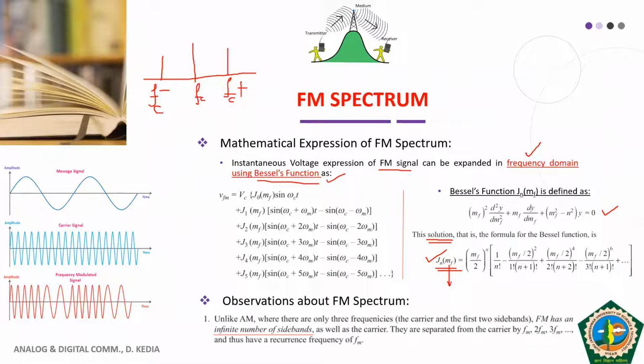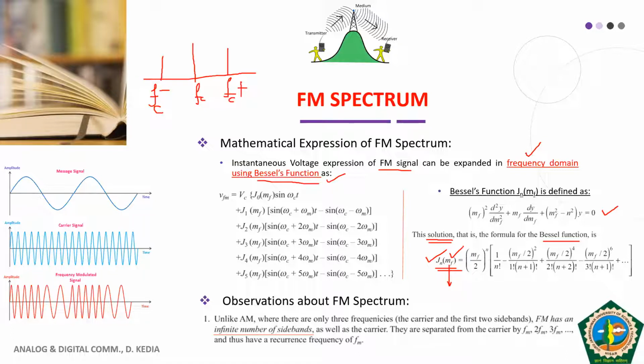Modulation index. So the solution of this second order differential equation involving the Bessel function gives us Bessel coefficients, and these Bessel coefficients are themselves functions of the modulation index.